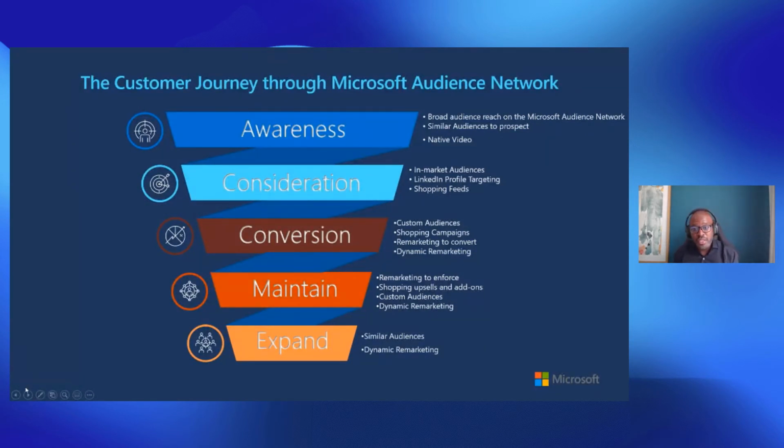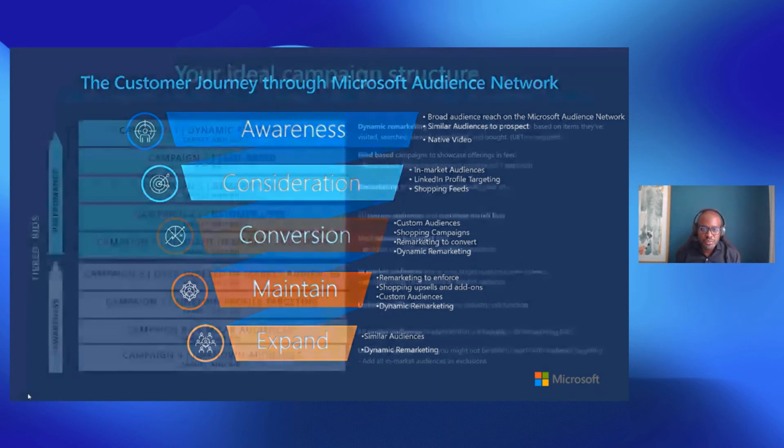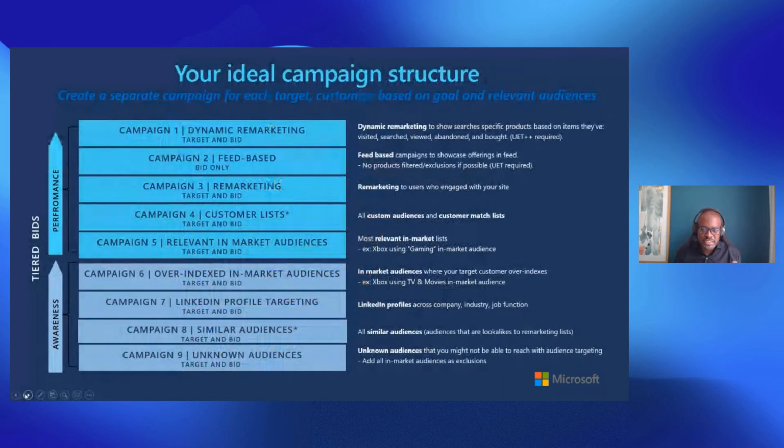On the next slide, we have a better idea of a campaign structure, with different types of campaigns. This slide might look confusing at first, but I promise it's actually very simple. Think of it as a mix and match, and I can show you with 2 examples. You can start with an unknown campaign.